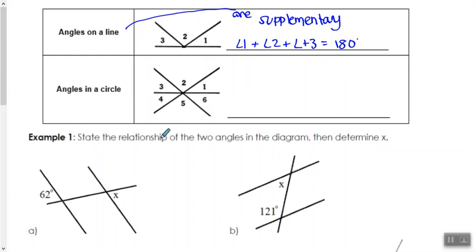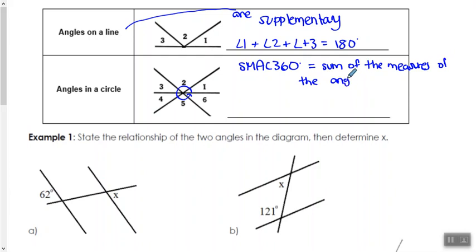Now, angles in a circle. How many degrees does a circle have? 360. So all of these 6 angles will add to give me 360 degrees. One way that I can say that is SMAC: the sum of the measures of the angles in a circle is 360 degrees.